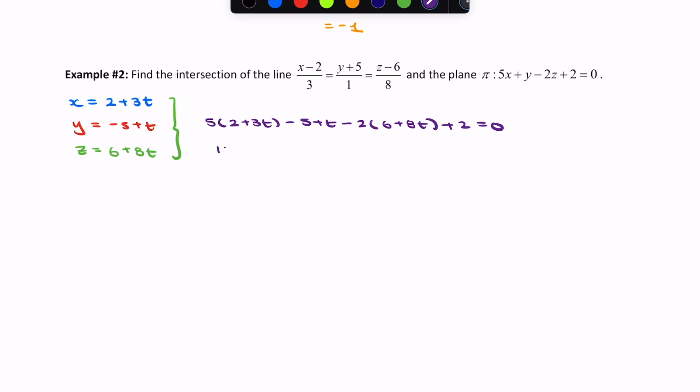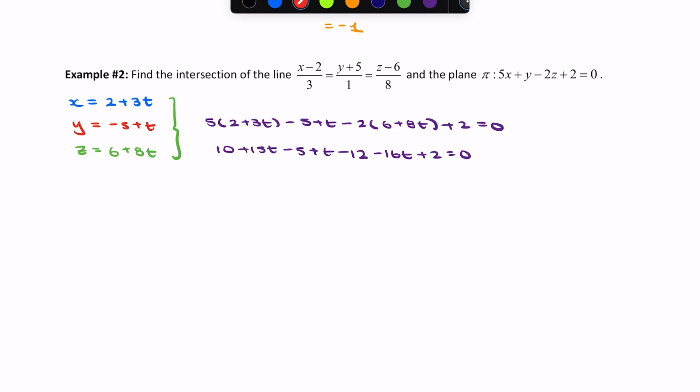If we expand this, we get 10 plus 15t plus 5 minus t minus 12 minus 16t plus 2 is equal to 0.